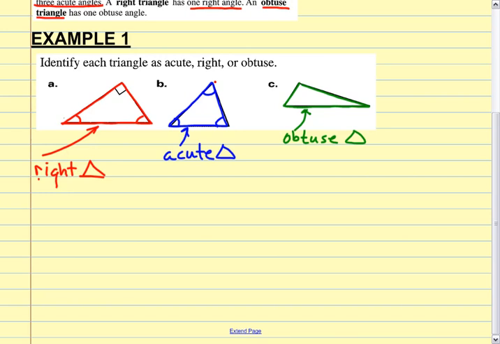All of them? No, one of them is more than 90 degrees. Is A, B, or C more than 90 degrees? B and C are acute, so A is obtuse. A is bigger than 90 degrees, right? So in an obtuse triangle, one angle is obtuse and the other 2 are acute. Nice job.